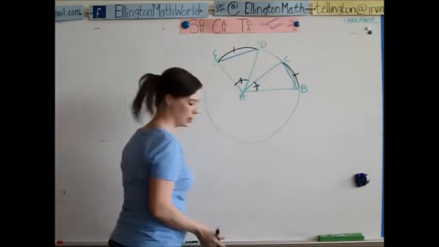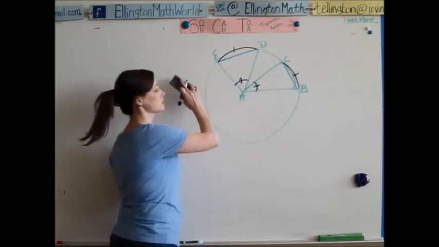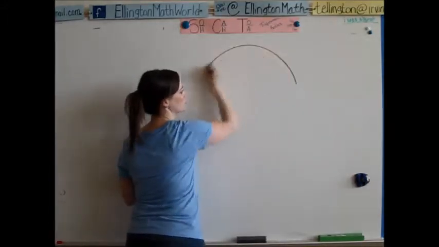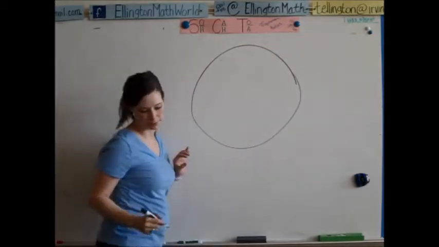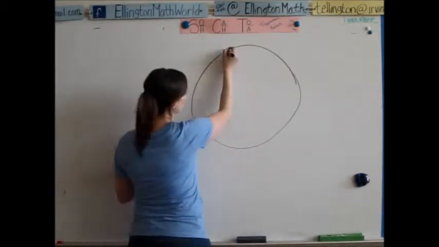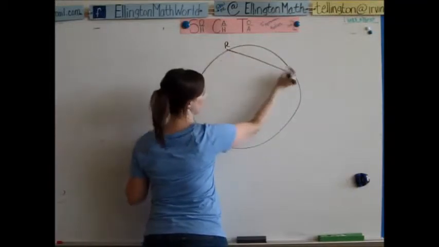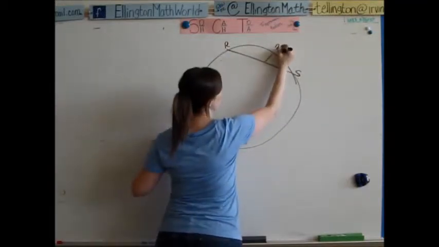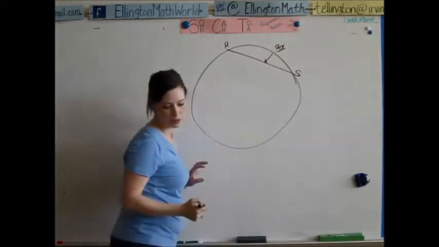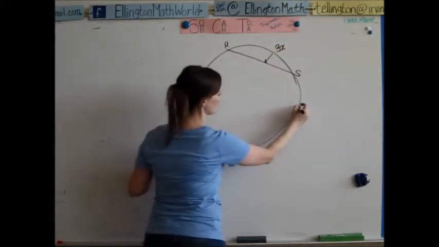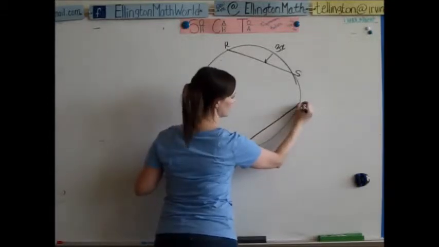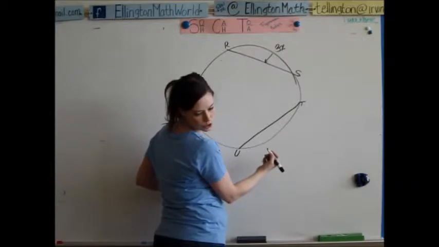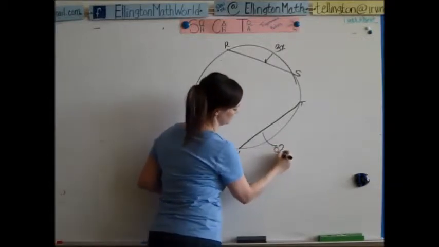So let's say, knowing all that, let's apply those. Got another beautiful circle. If I have this chord, and this is R, S, and I know that RS equals 3x, and then I've got TU, which is 2x plus 27.